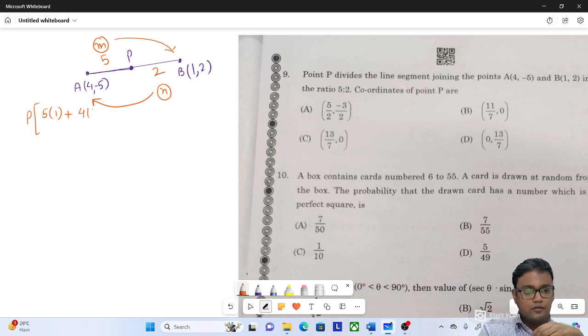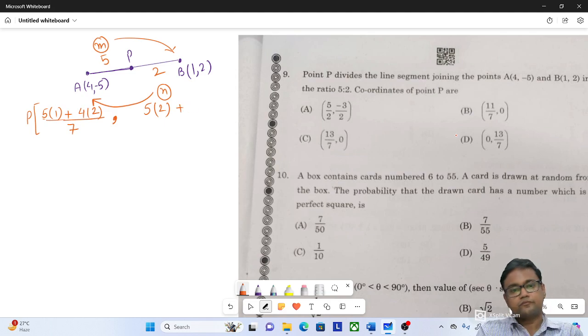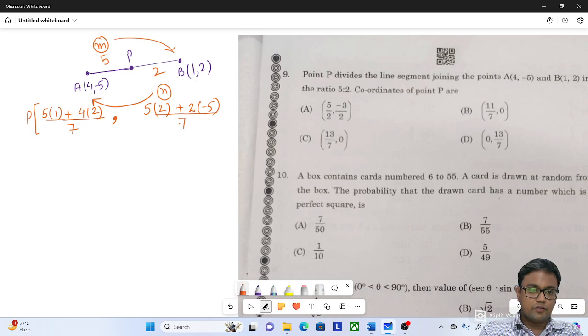Upon m plus n, that is 5 plus 2. And over there again, in place of x2 and x1, y2 and y1 will be taking their positions. So m y2 plus n y1 upon m plus n, that is the sum of the two shares of the ratio, that is 7.